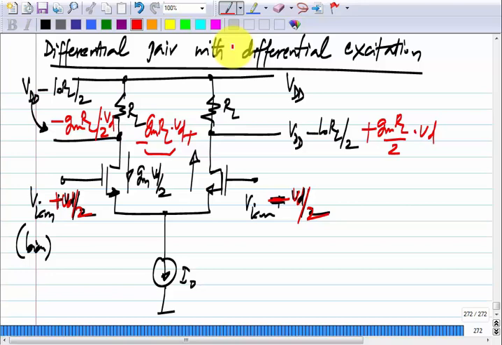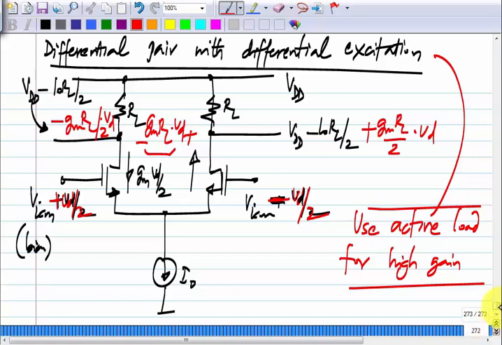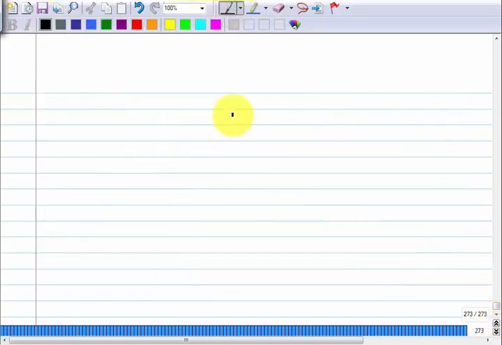Okay. So, I have to use this with an active load for high gain, right. How do I do that?